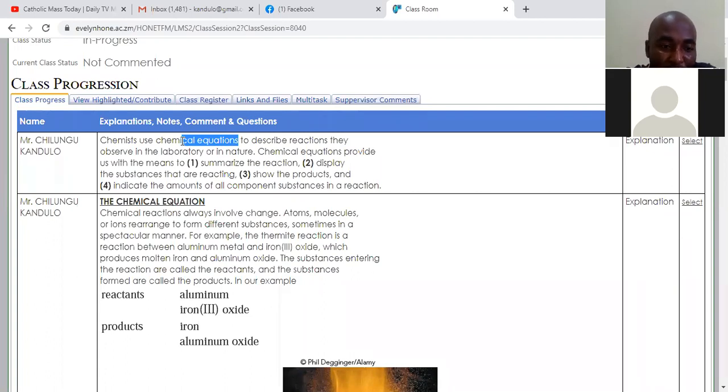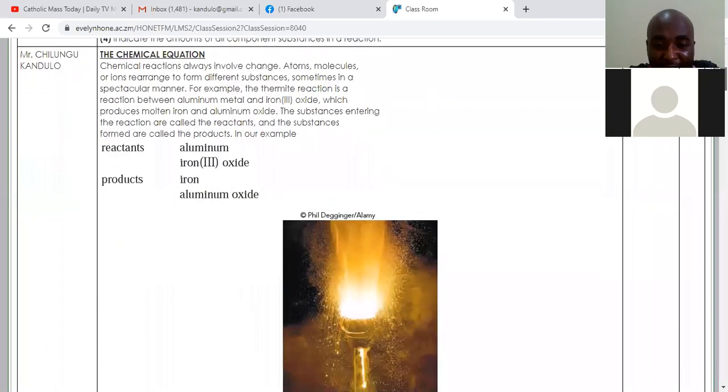So some of these reactions occur in a spectacular manner, meaning when you see them, like this thermite reaction, they are very beautiful to look at. There will be some kind of explosion. So in this case, aluminium will react with iron(III) oxide. So the reactants are aluminium and iron(III) oxide.